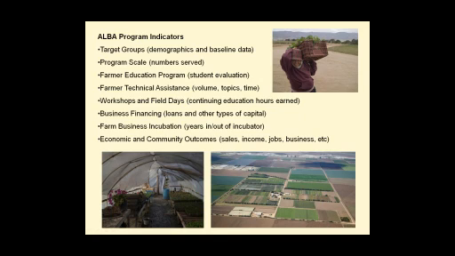We look, of course, at our program scale, which is very fundamental, the number of people served by our technical assistants or our workshops, our field days, of course, the farmer education program itself and our incubator, and the number of farmers that are operating elsewhere in the region who started at Alba.